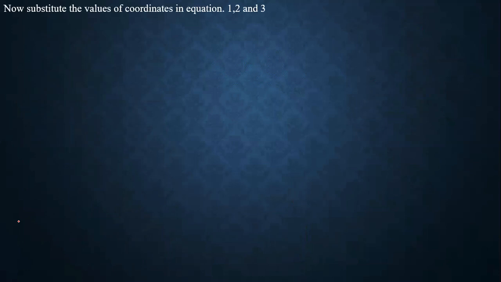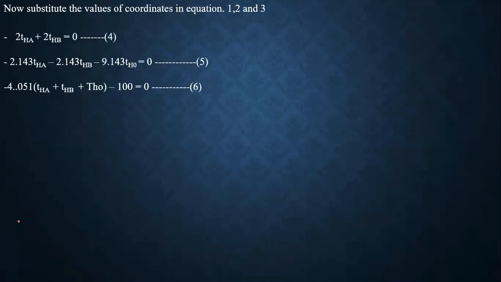Now substitute the values of the coordinates in equations 1, 2, 3. If we put the values of coordinates O, H, A, B in equation 1, we first find THA plus THB equal to 2, this is equation number 4. Then minus 2.143 THA minus 2.143 THB minus 9.143 THO equal to 0, that is equation number 5.